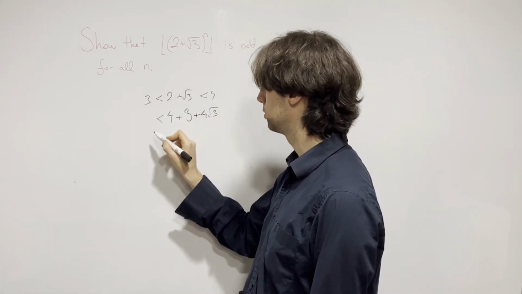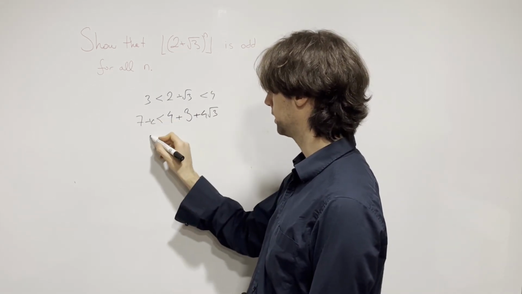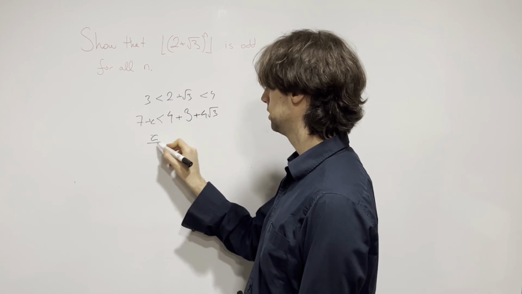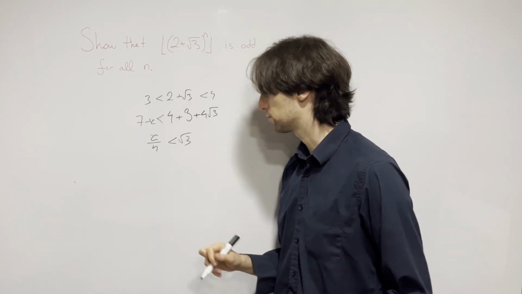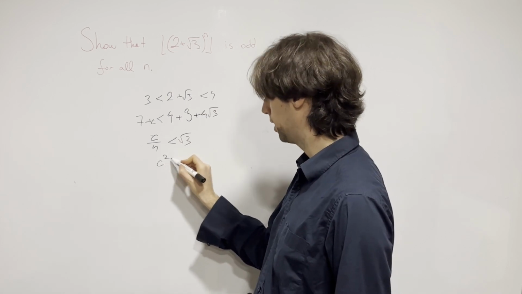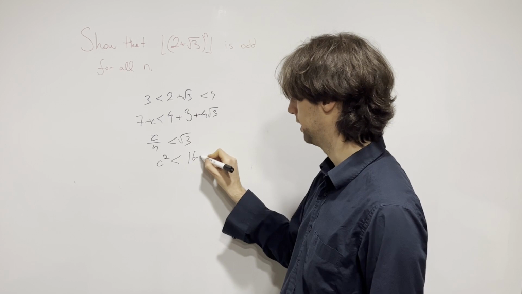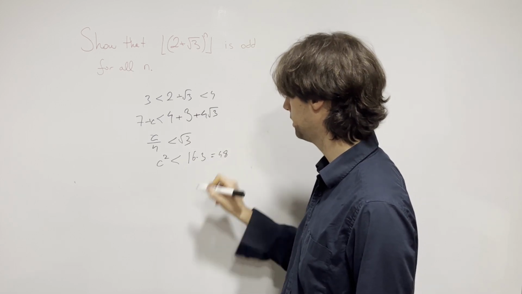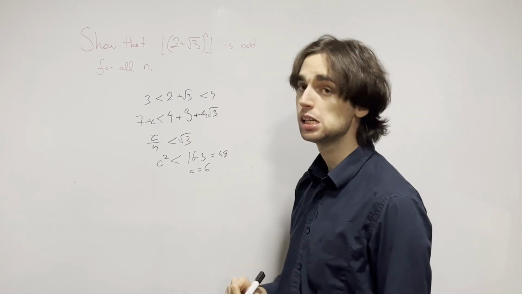This is going to be less than 7 plus some c. So I'm looking at c over 4 greater than the square root of 3. So I'm looking to have c squared less than 16 times 3, which is 48. So that means c is going to equal 6.